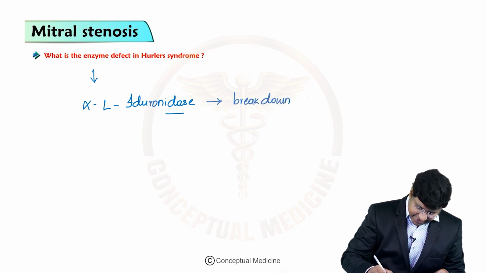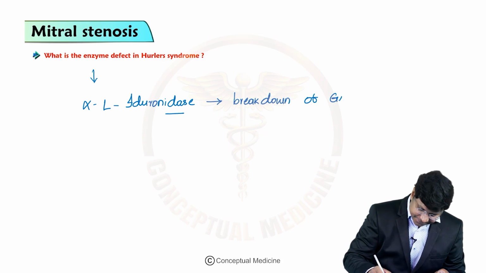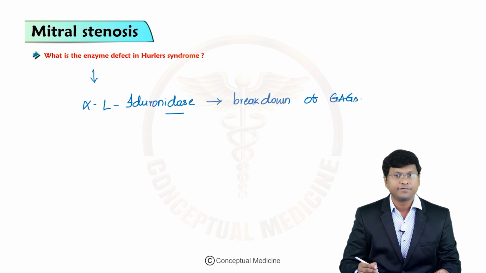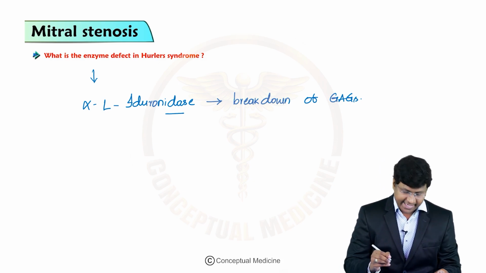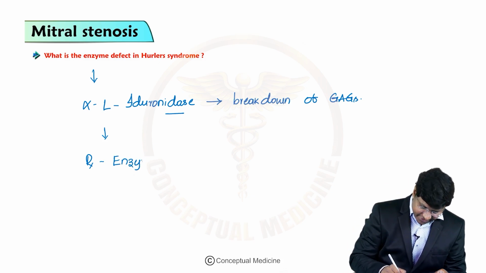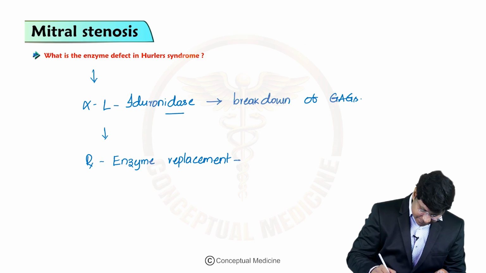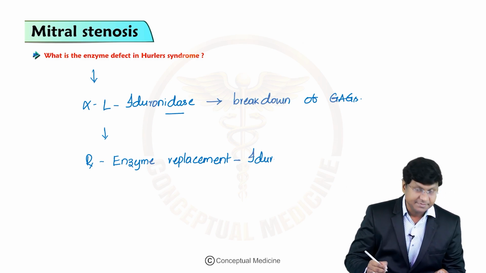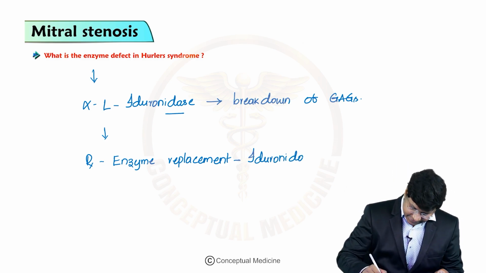This enzyme causes breakdown of the glycosaminoglycans. And the enzyme replacement therapy with iduronidase may improve the pulmonary function. So what is the treatment in this individual? You need to do the enzyme replacement, and that enzyme replacement is done with iduronidase.